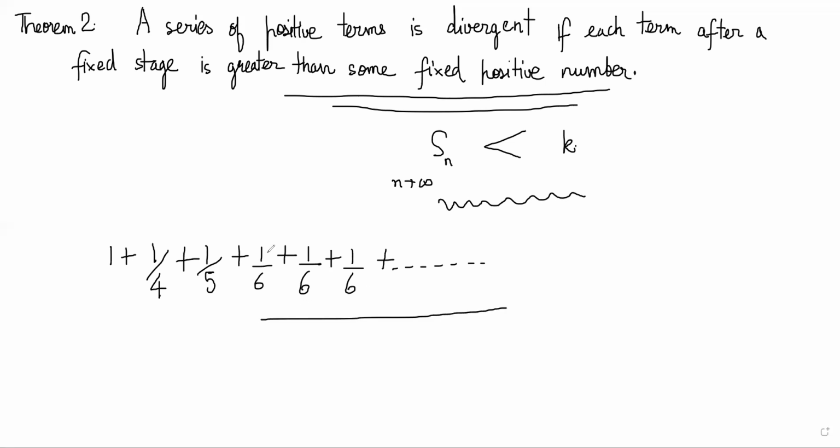Basically what you are saying is each term after this stage is greater than 1 by 7. You are understanding what I'm saying? Each term after this stage is definitely greater than 1 by 7, right?